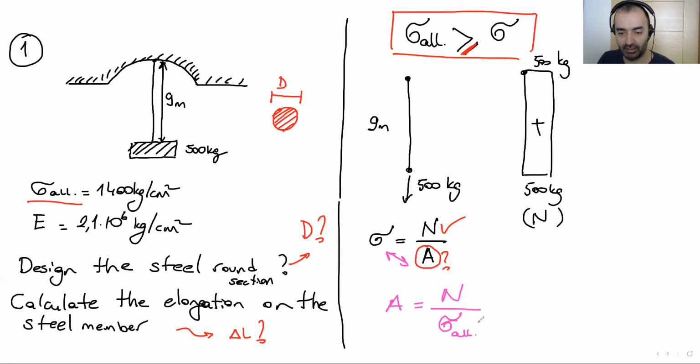If I do this arrangement, the remaining calculations are easy. Area here equals N. What is N? 500. And allowable stress, 1400.